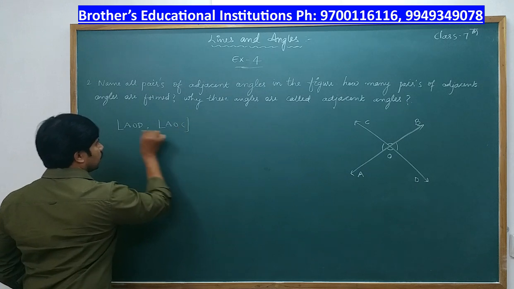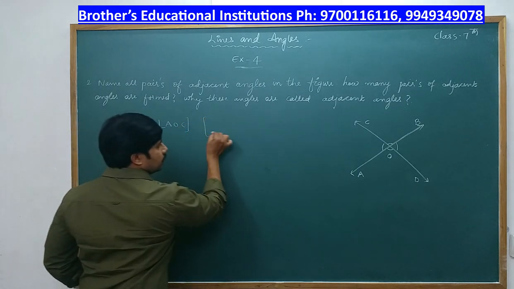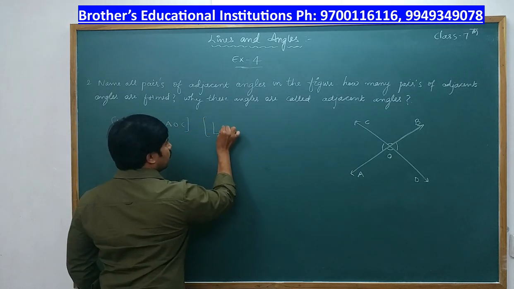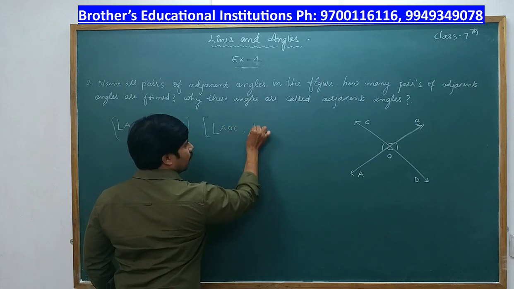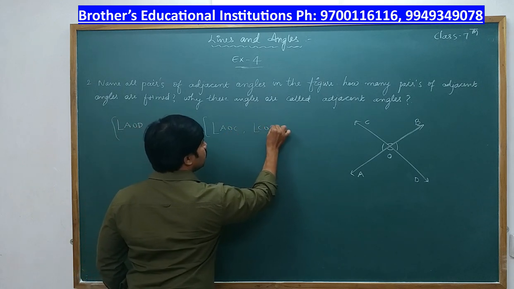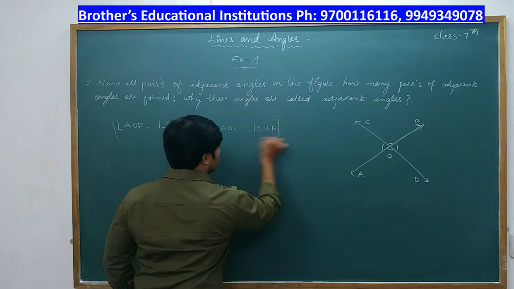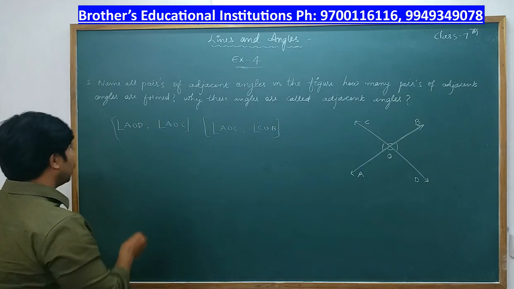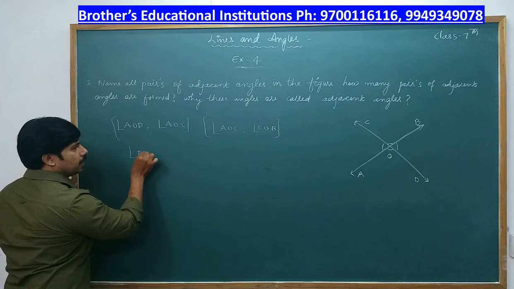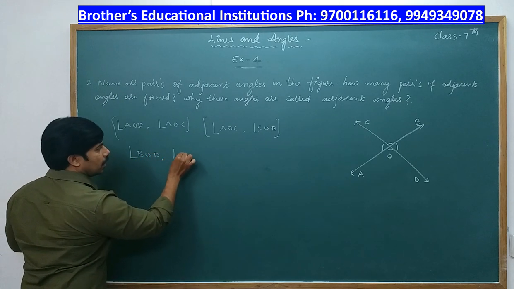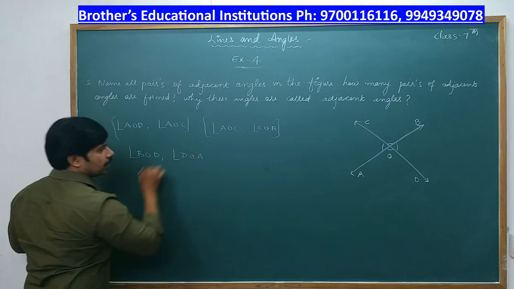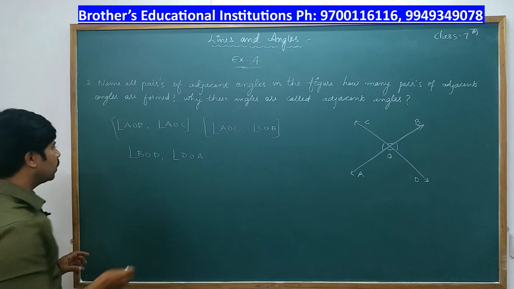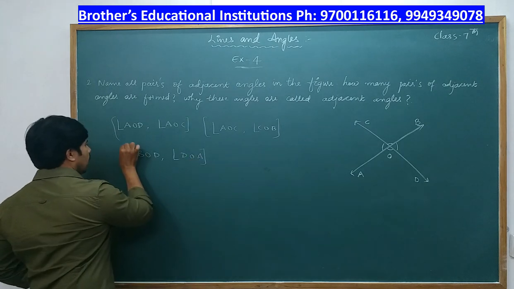Then angle AOC, angle COB. Then angle BOD, angle DOA. These are the adjacent angles we get.